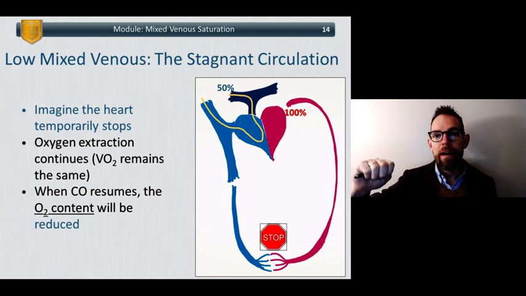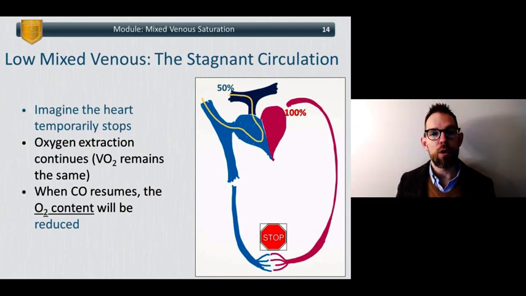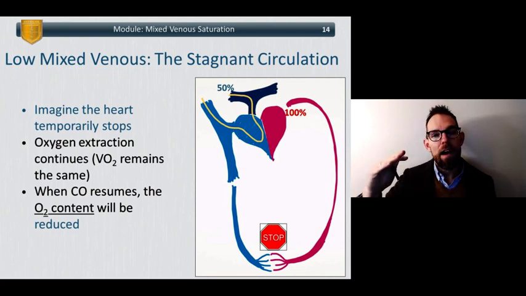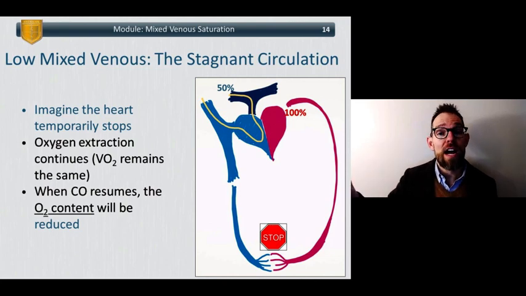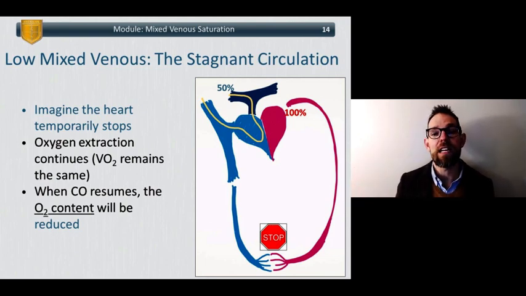Well, offloading of oxygen from hemoglobin does not stop with decreased cardiac output. So VO2, extraction and consumption of oxygen, is going to remain the same. So when cardiac output picks up again, you're going to have more train cars that are unloaded with oxygen, and what's coming back to the heart for pickup of oxygen is going to be hemoglobin that's more desaturated. So oxygen content is going to be reduced and our SVO2 is lower.